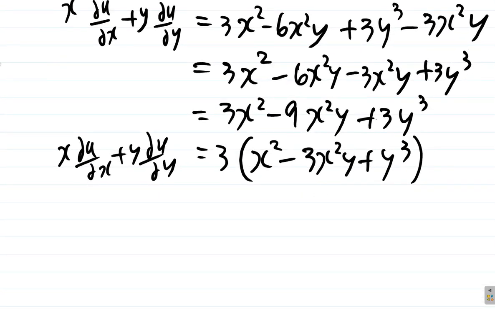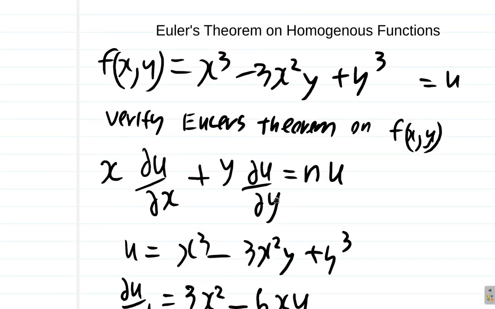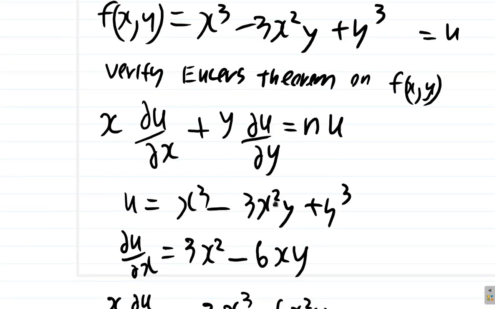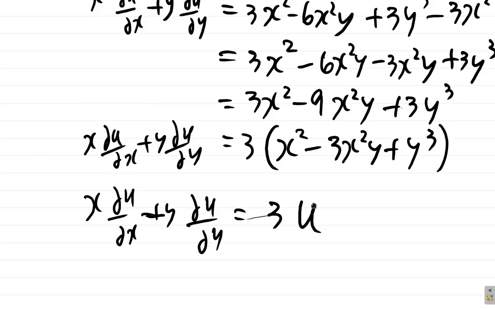So what we have then is that x delta u by delta x plus y delta u by delta y is equal to 3u. That is what Euler's theorem says. So Euler's theorem applies to this. So this was verified.